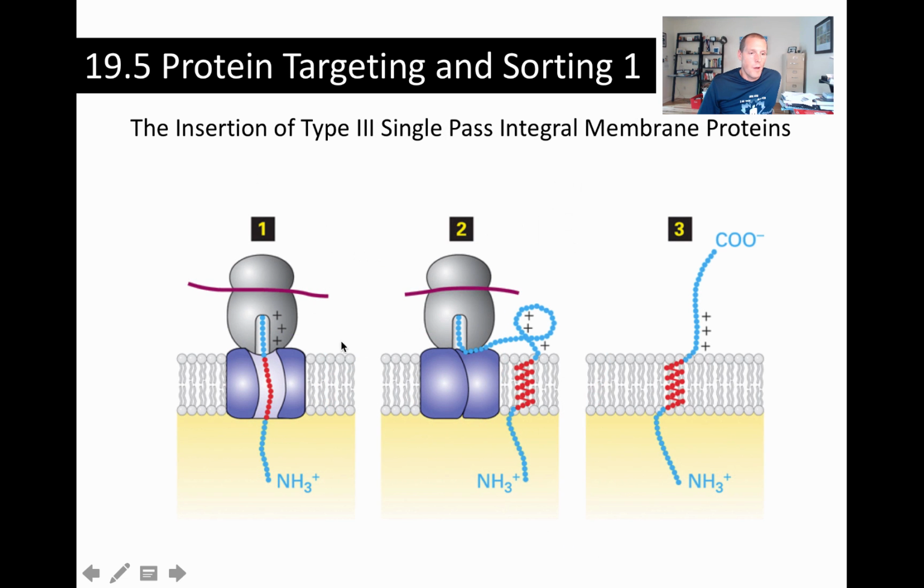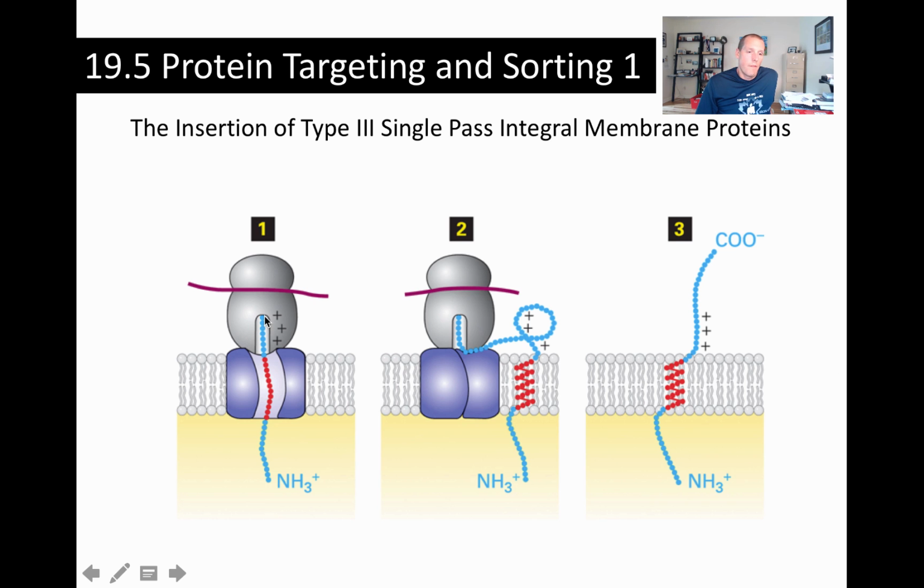But when we're looking at type 3 single pass polypeptides, the run of positively charged amino acids is on the C-terminal side of the anchor stop sequence. That's the only real difference in terms of inserting a type 3 single pass integral membrane protein.